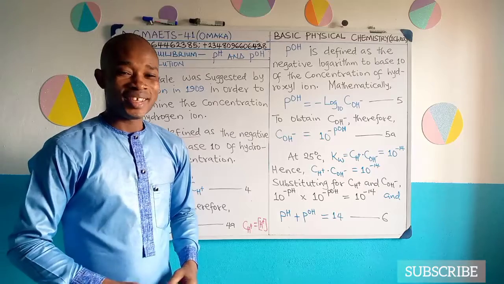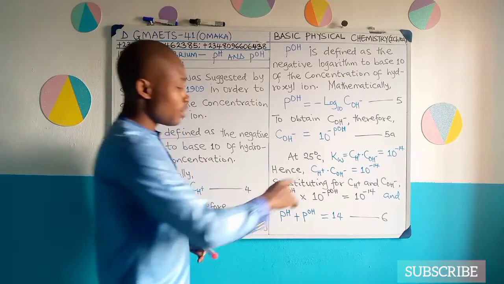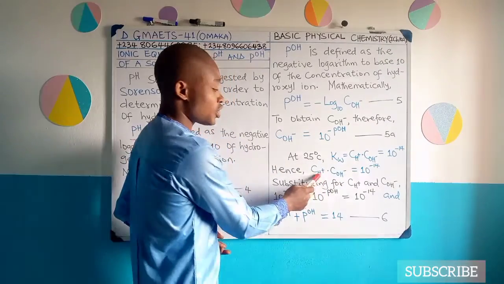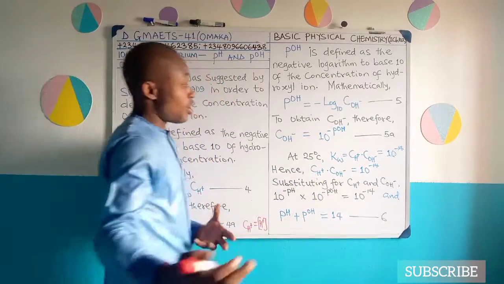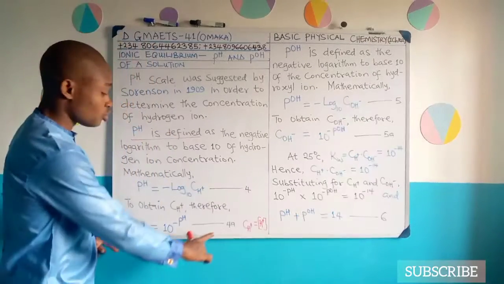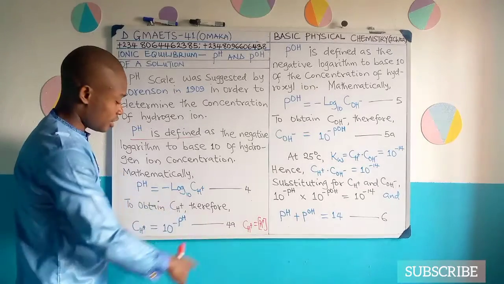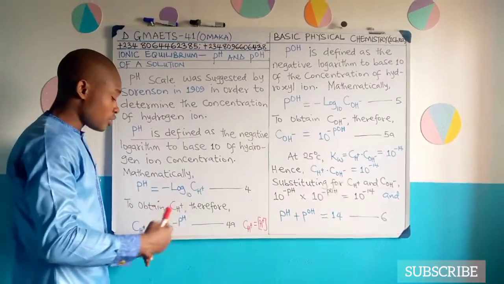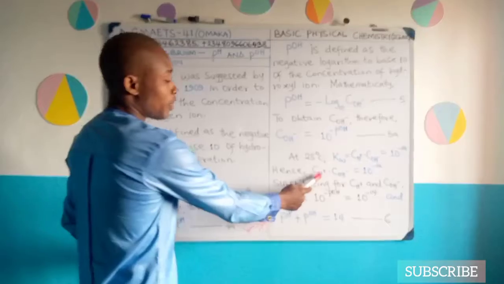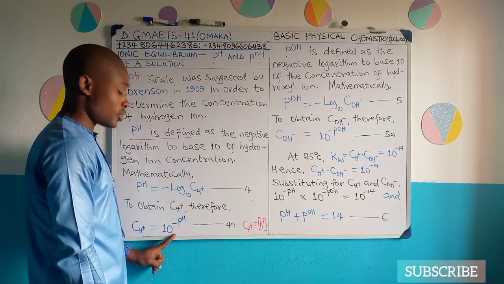So I just want to solve a little mathematics here, okay? Simply come to this hydrogen ion concentration, C_H+. I already established the formula for hydrogen ion concentration, equation 4a, which is equal to 10 raised to the power minus pH. So in place of this concentration of hydrogen ion, I'll put 10 raised to the power minus pH.